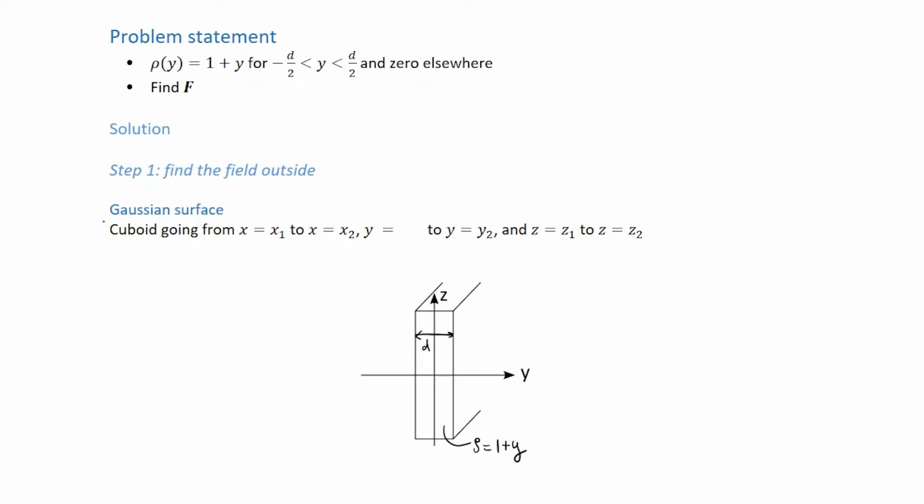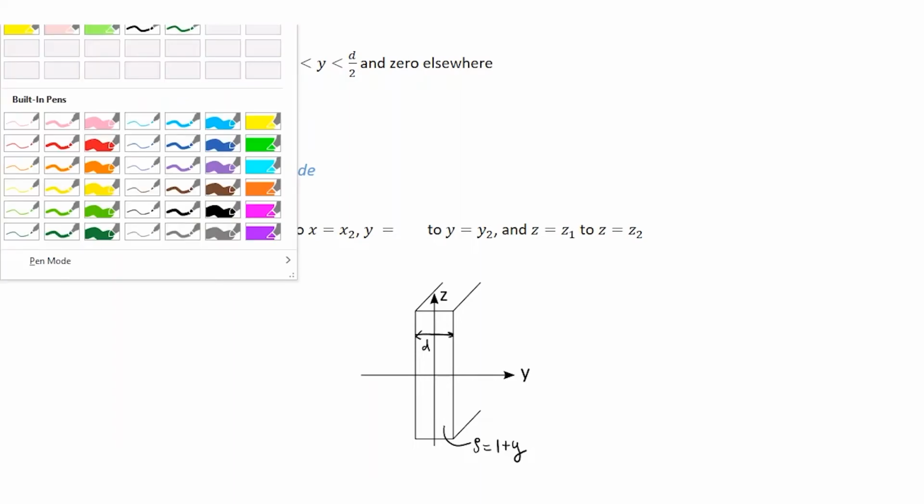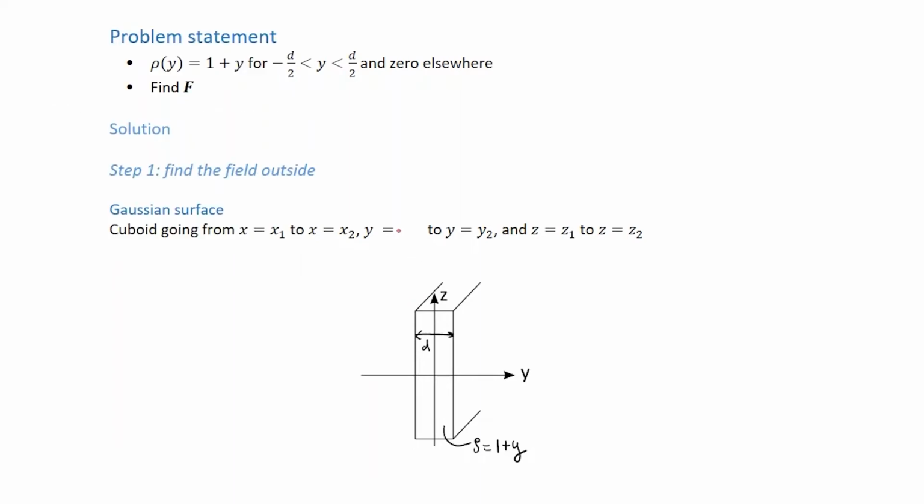For step 1, first let's set up a Gaussian surface. It's going to be a cuboid that goes from x equals x1 to some x2, so totally generic. Then z will also be general from z1 to z2. Now for y, I'm going to make it so that it's symmetric. So I'll select the Gaussian surface from negative y2 to y2, where y2 is some positive number.